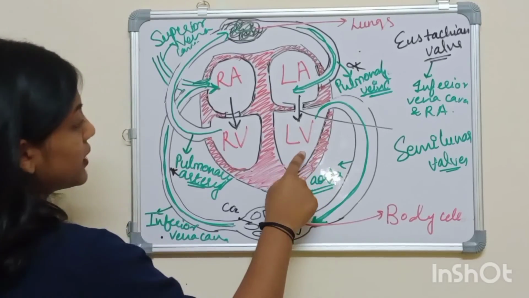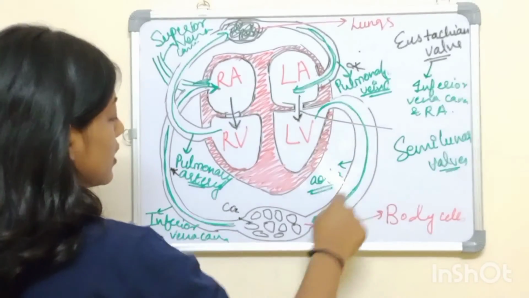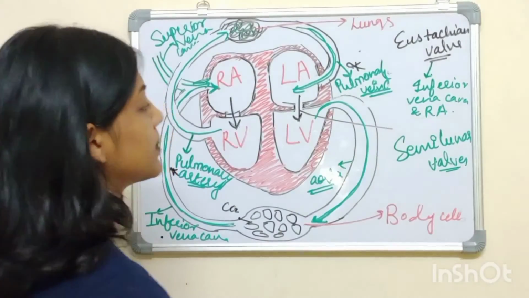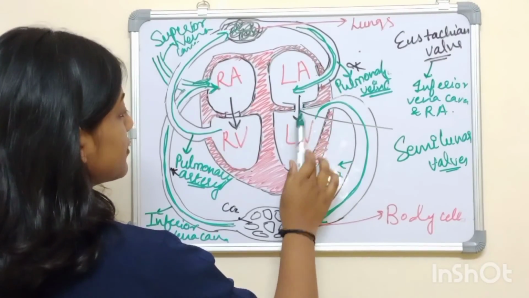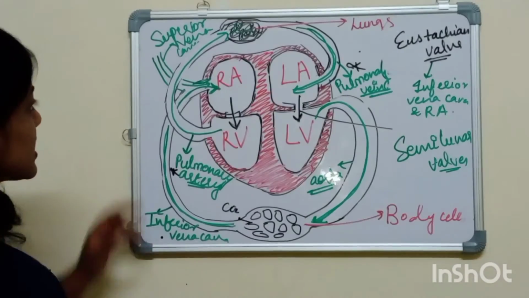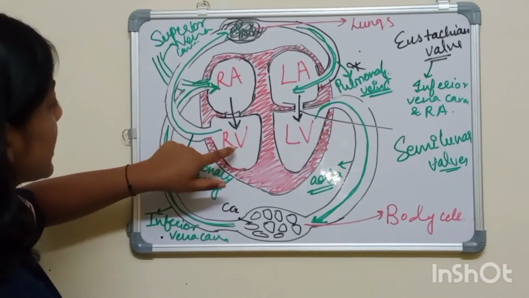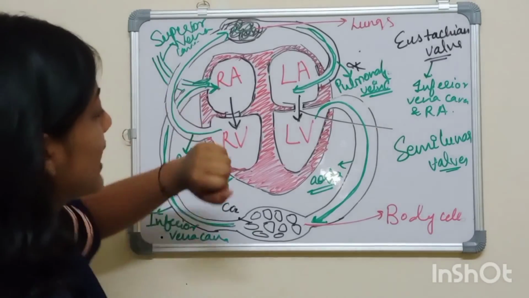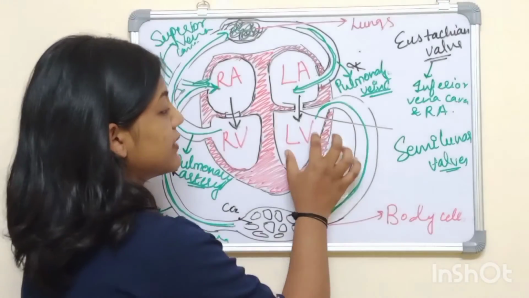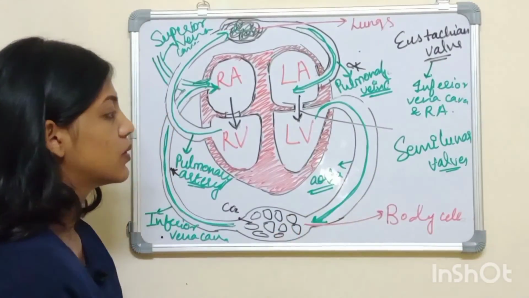Now the blood from the left ventricle goes to the other body parts, right? There is also a semilunar valve present between the left ventricle and the aorta. One semilunar valve was present between the right ventricle and the pulmonary artery, this one. And one semilunar valve is present between the left ventricle and the aorta.